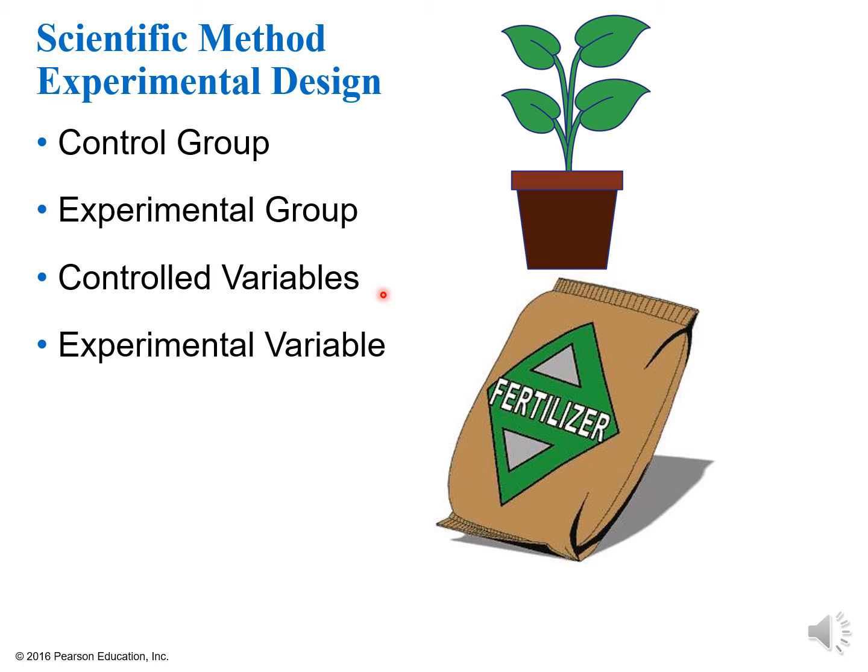And the reason why you want to control as many of the variables as possible is so that when you go ahead and compare the results that you are going to be collecting from the control and from the experimental, you don't want to say that the reason behind the difference that you're seeing in your data is not just because one plant got the fertilizer and the other one didn't.